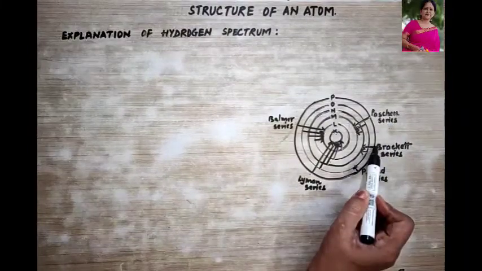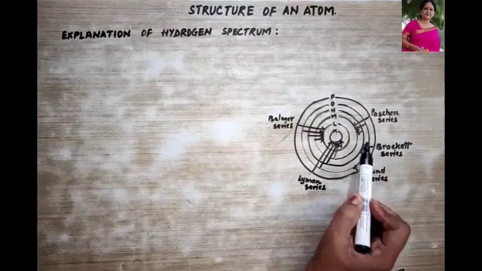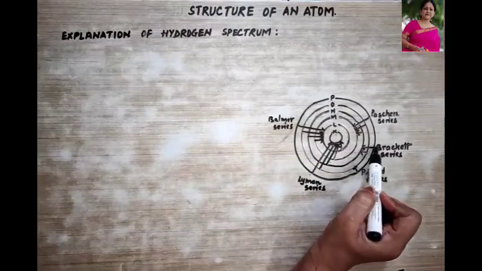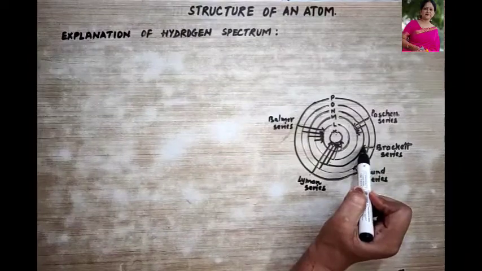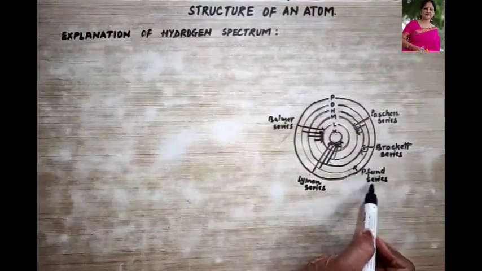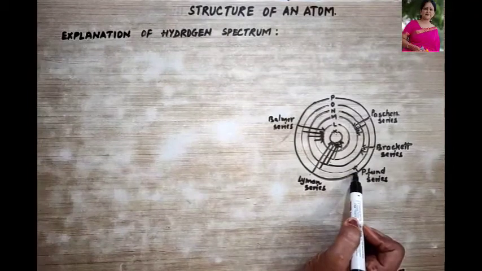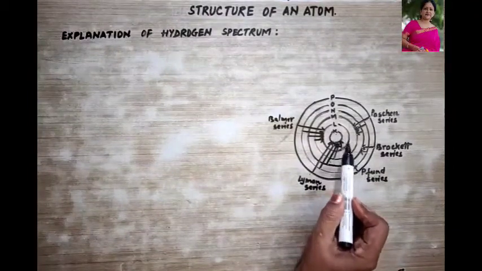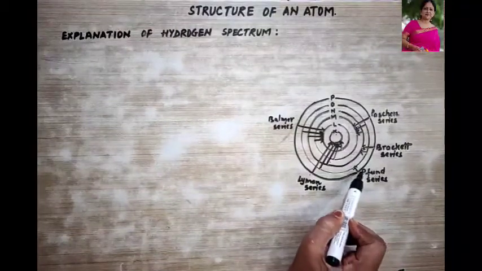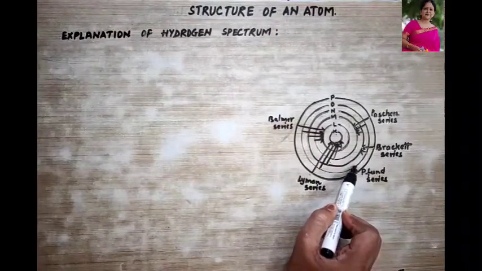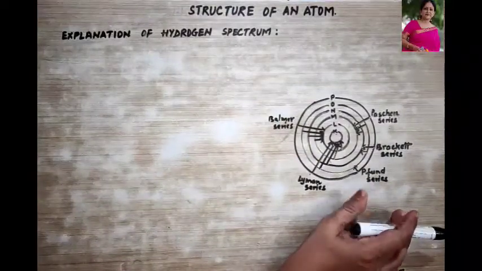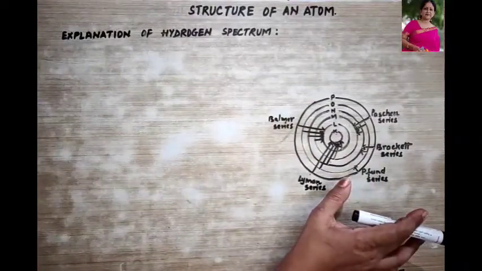When it returns to the fourth one, that is 1, 2, 3, fourth energy shell, when the electron returns to the fourth energy shell, it will always form a Brackett series. And the Pfund series will be formed when it returns to which one? 1, 2, 3, 4, fifth energy shell. When the electron from the last shell moves back to the fifth energy shell, then it forms the Pfund series. I hope this is very clear to you.